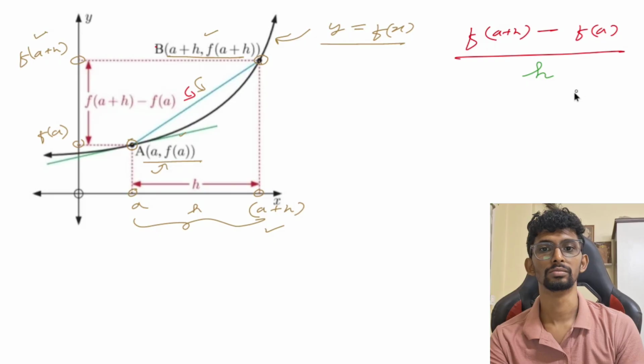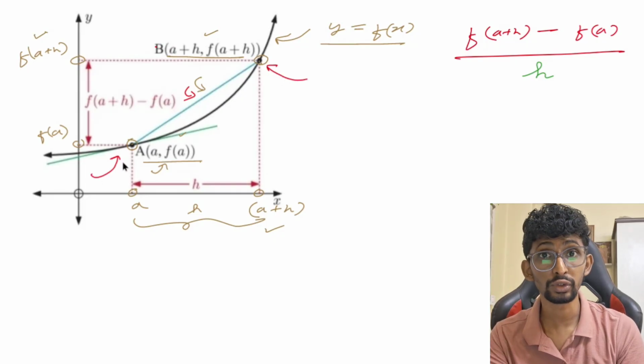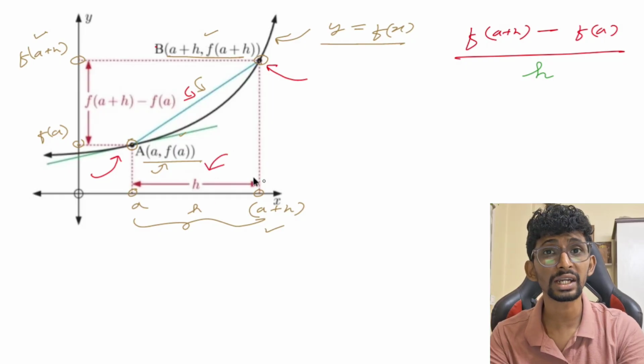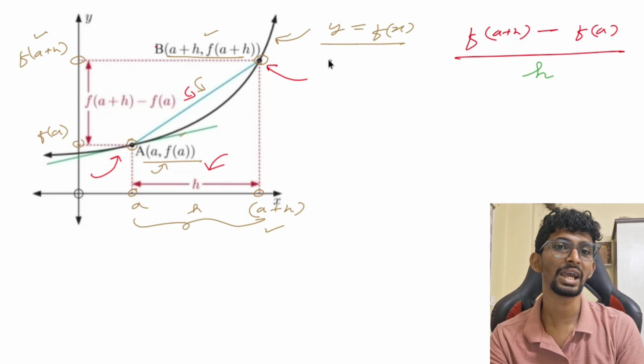Clear? Now let us do one thing. To find the gradient of this tangent, let us bring this point b close to a. Now if we do that, this h will become infinitely small. Clear? That means we can say h tends to 0.